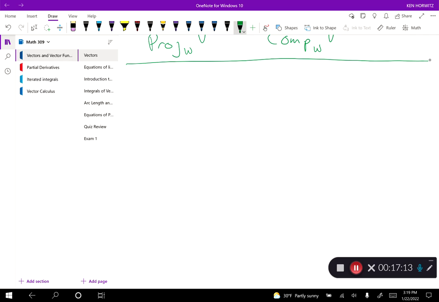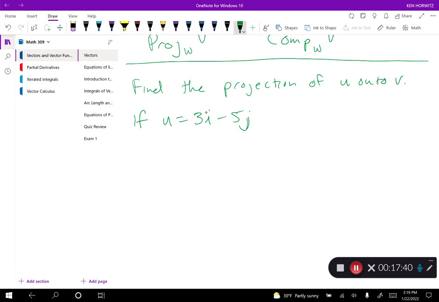All right, so let's find the projection of U onto V if U equals 3i minus 5j plus 2k, and V equals 7i plus j minus 2k.